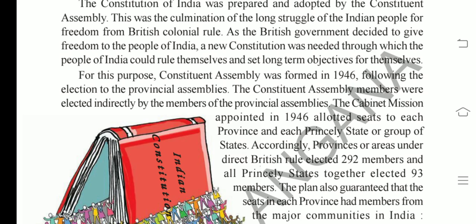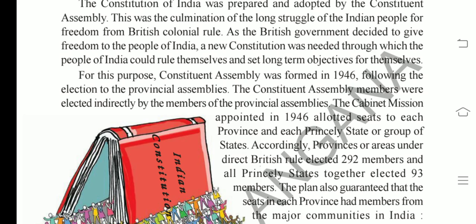Provinces are those which were ruled by the British directly. Princely states were also ruled by the British indirectly.